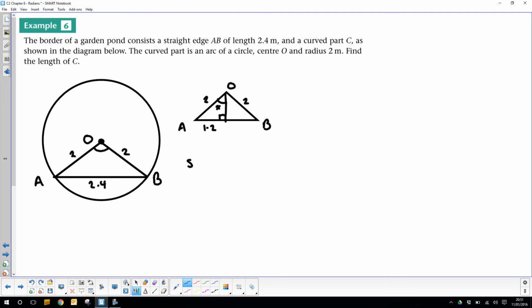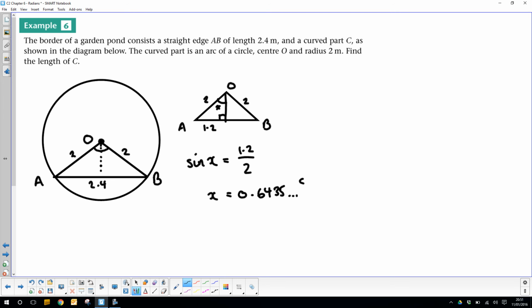So we've got sine of x equals opposite 1.2 over 2, and then we can work out fairly quickly that x is 0.6435 radians. Okay, so that's for x, which if we go back to our first diagram, x of course is here.